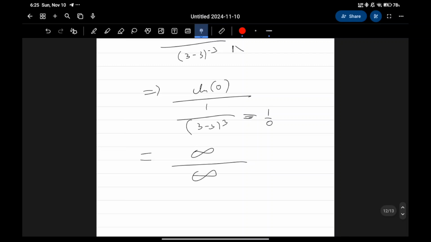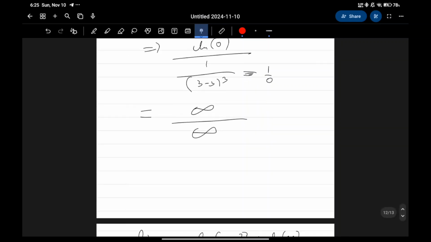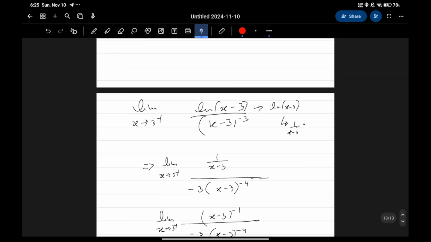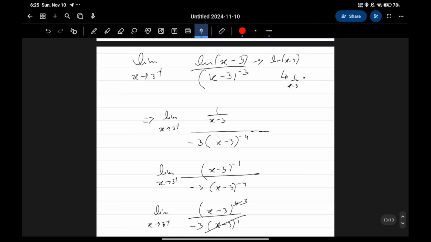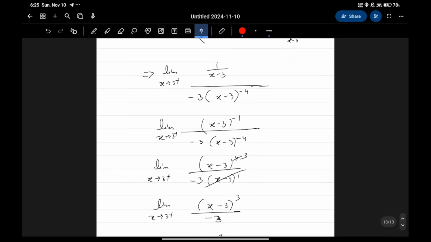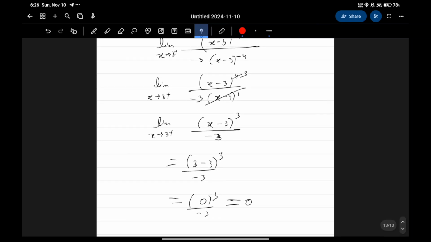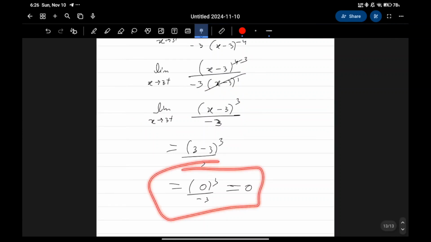Because we have infinite over infinite, we can use L'Hopital's rule. So using the L'Hopital's rule, I reshuffled stuff around, did a bit of algebra, and got to this point. Then I plugged in 3 again and I got the answer as 0, and I can stop over here. This is my final answer.